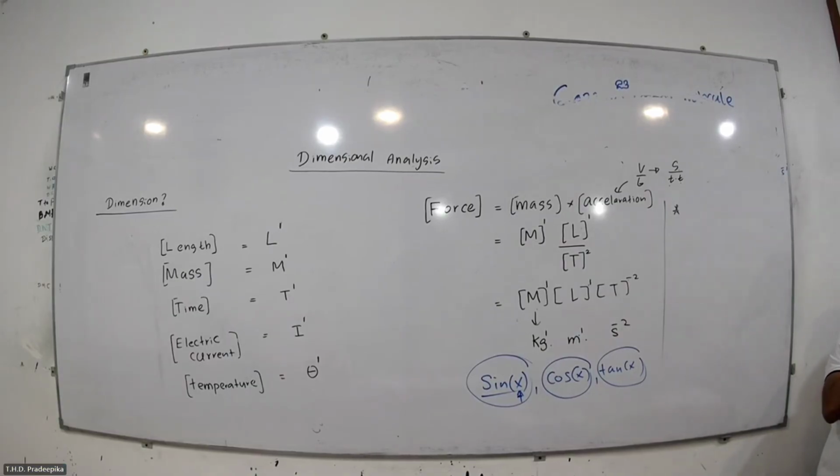Strain, refractive index, coefficient of friction. Next, the second point is plane angle and solid angle.